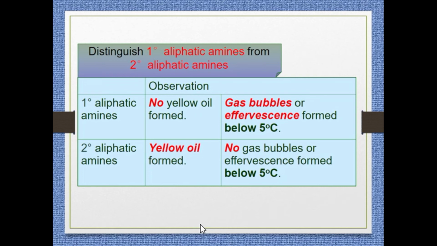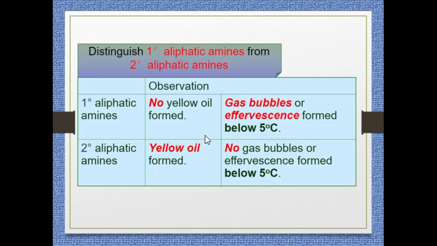To distinguish the primary aliphatic and secondary aliphatic amines, look for the formation of yellow oil. Primary aliphatic amines do not show the formation of yellow oil, whereas secondary aliphatic amines show the formation of yellow oil.